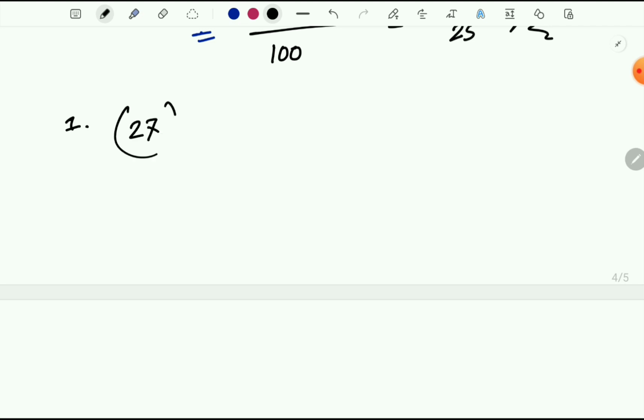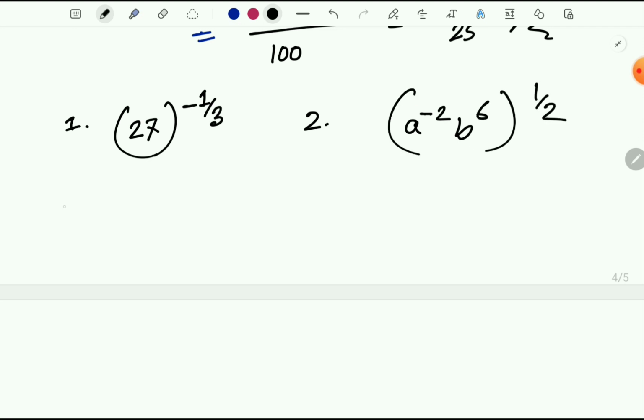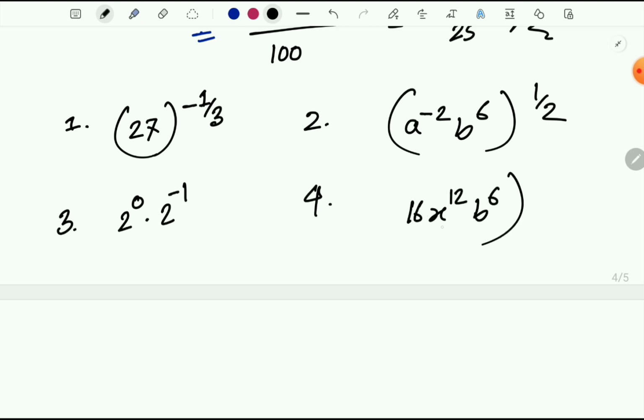Number 2, number 3, number 4. These 4 problems are homework for you. You can try at home.